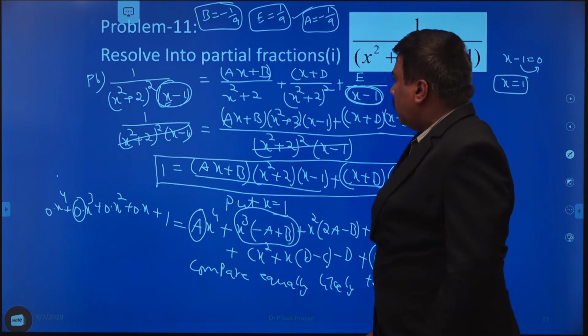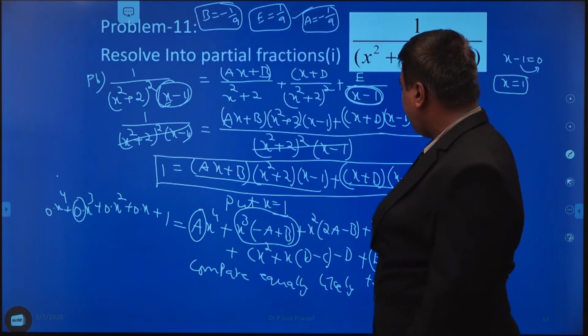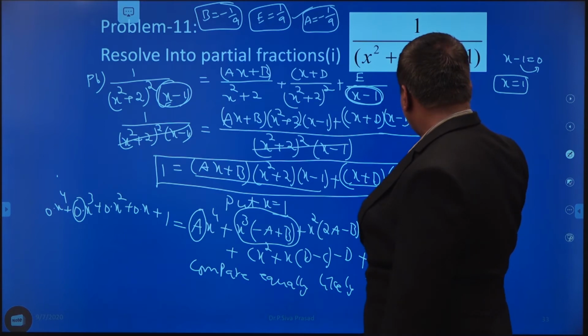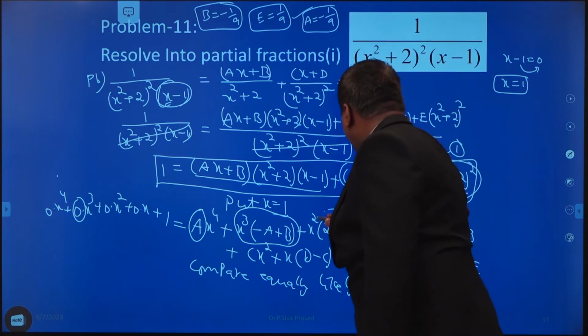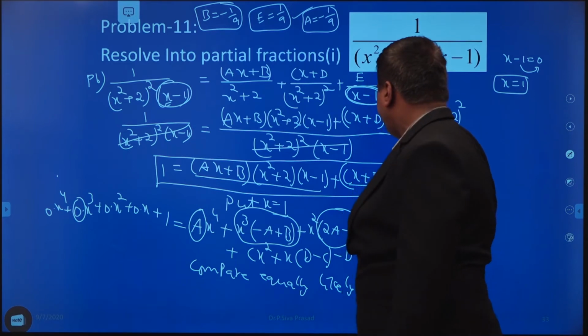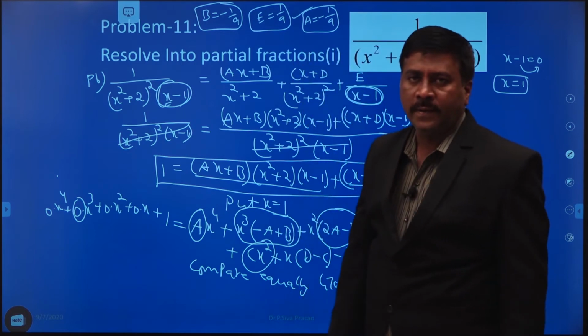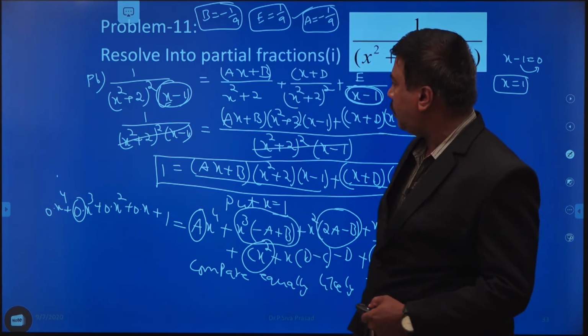Now finally the coefficient of x square. The x square term is there in this term, and also in this term, and also the c term is there. The addition of all those terms is equal to the right hand side, which is 0.